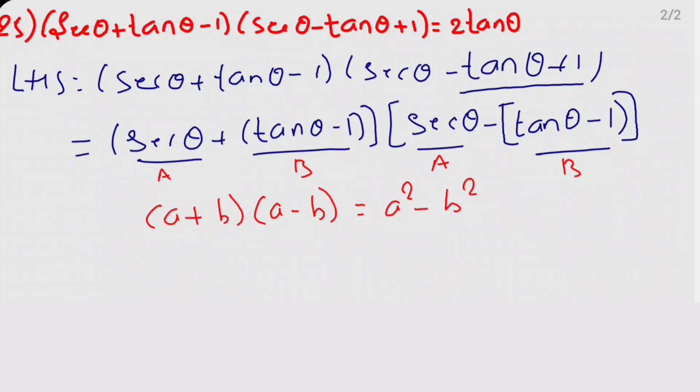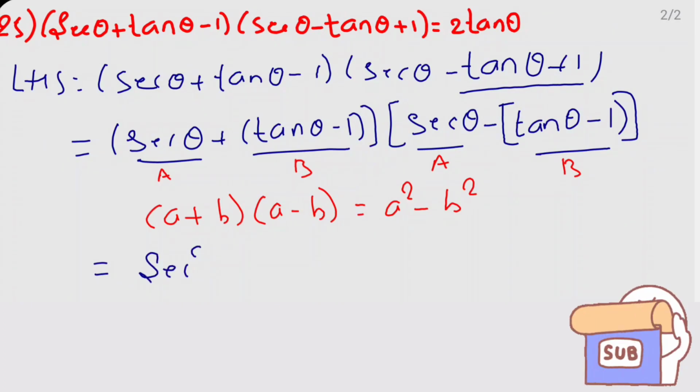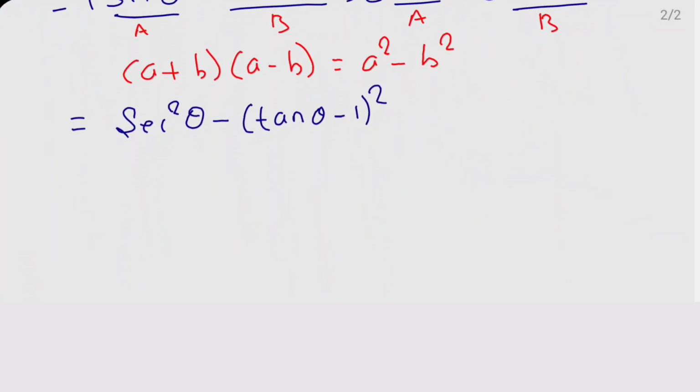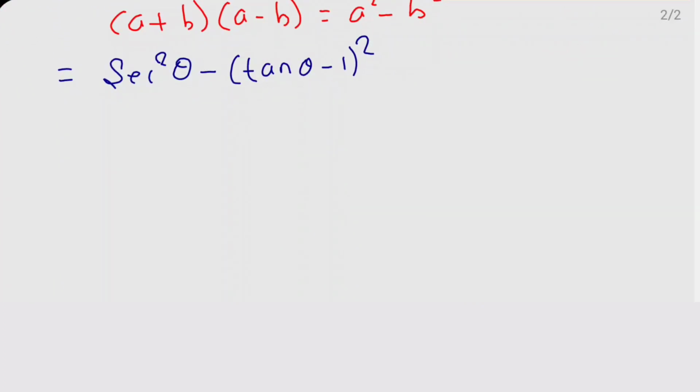So now this one we can write sec square theta minus (tan theta - 1) whole square. So I will write here A square means sec square theta minus B square. In the B square place we have (tan theta - 1) whole square. Is it clear?